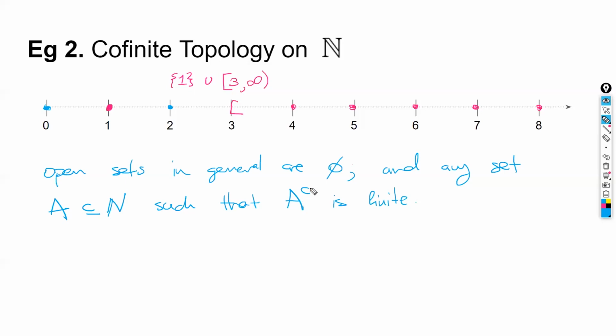Remember, A to the C just means complement. This is all the points that are not in A. Of course, an equivalent way of saying this is that this is the topology on the natural numbers where the closed sets are finite.